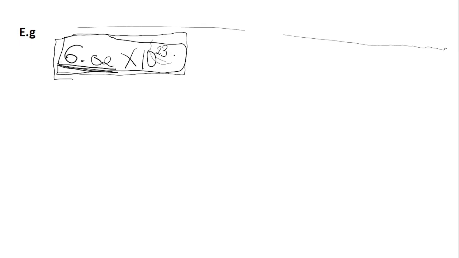So this is an example of how you express numbers in standard form. Also, the mass of an electron, if I'm not mistaken, is 1.013, something like that, it might not be exactly like that, but it should be close to that, times 10 to the power negative 31 grams.